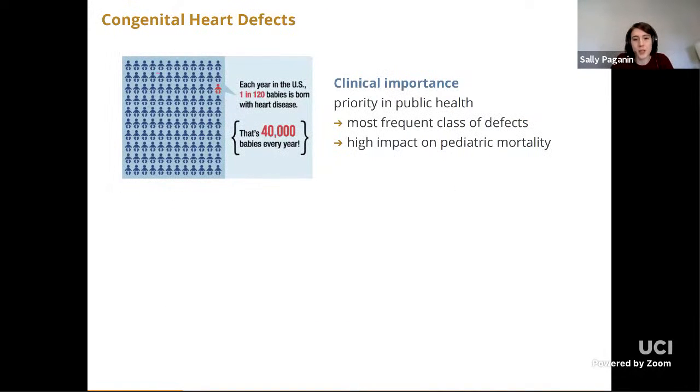We focus on this subset for different reasons. One of these is the clinical importance of the problem, since heart defects are the most frequent class of defect that occurs in newborns, and they have a high impact on pediatric mortality. So these are the priority when you want to study this disease.